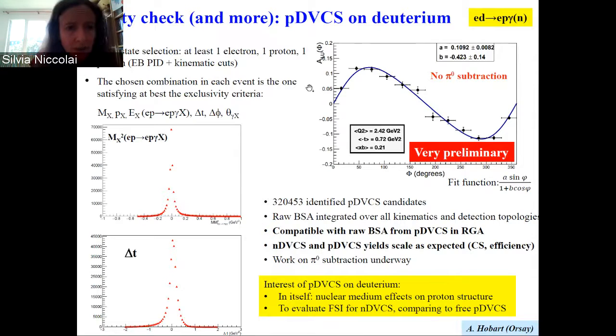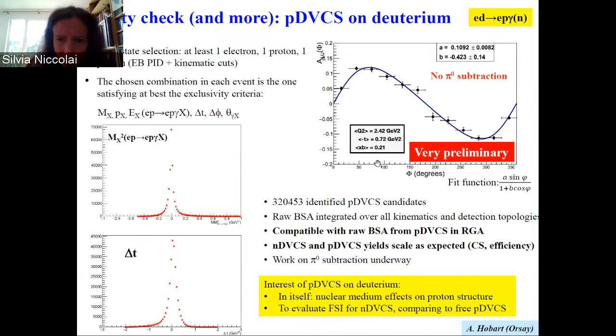And then we do the combination of exclusivity cuts, and we look at the beam spin asymmetry that you can see here. And it has the expected distribution, the expected shape, and comparing it with the raw asymmetries for RGA, I think it is in the ballpark at the central kinematics.